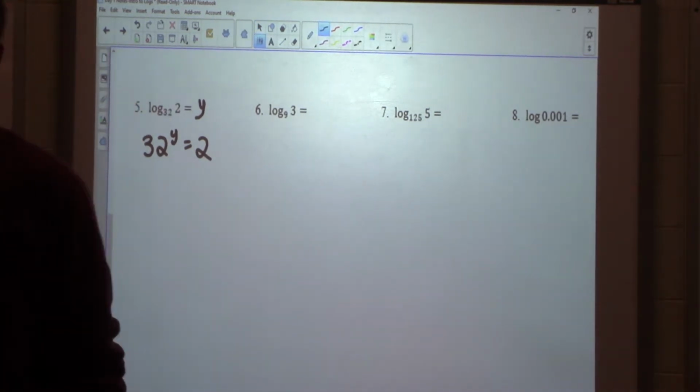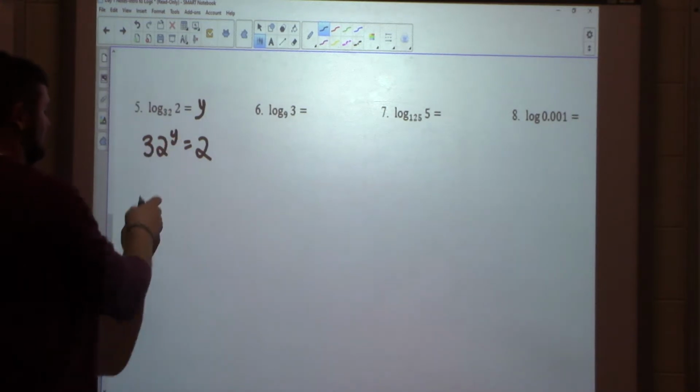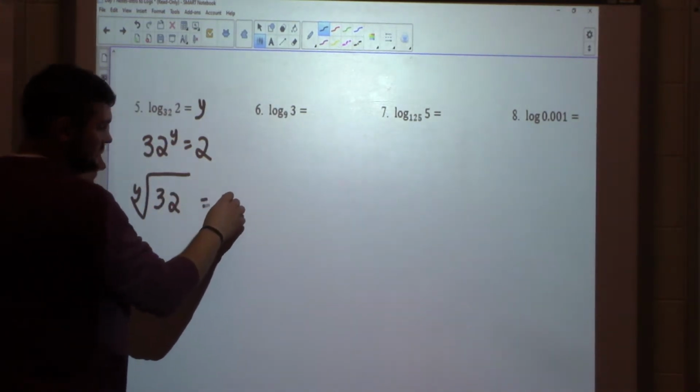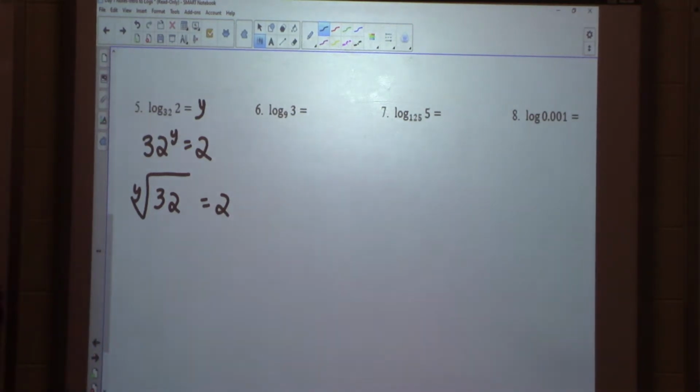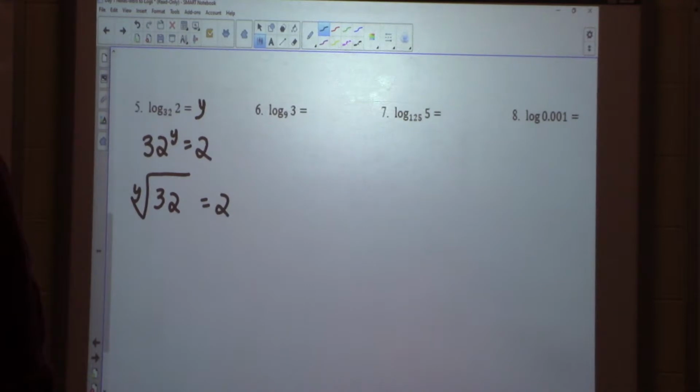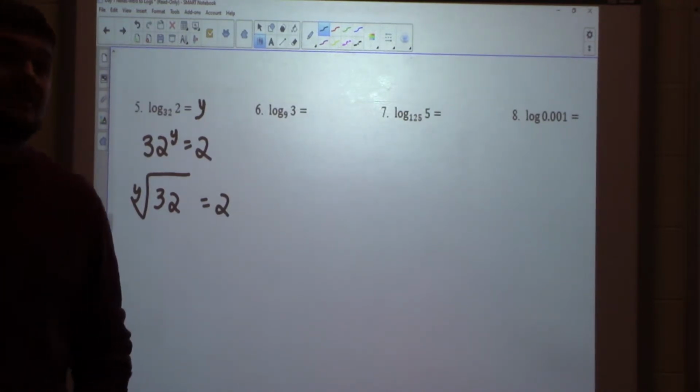Because what's going to happen is we're going to take a radical, some root of 32 is going to have to equal 2, because it's got to get smaller. I can't give it a whole exponent, it's going to get bigger then. We said radicals are the same as fractional exponents, right?